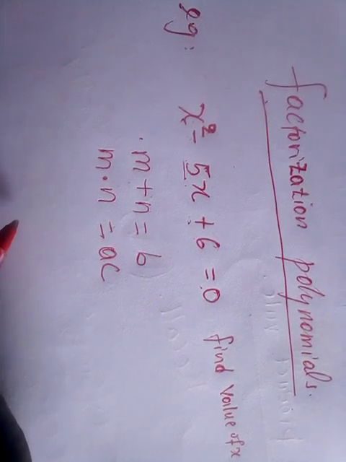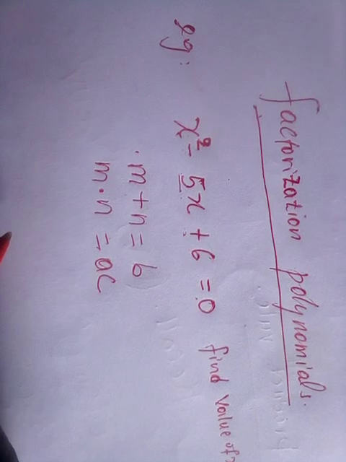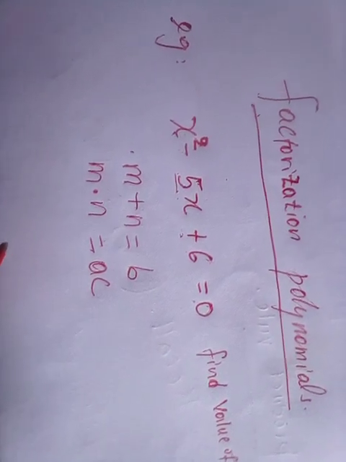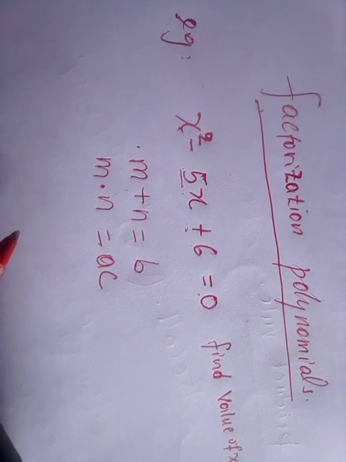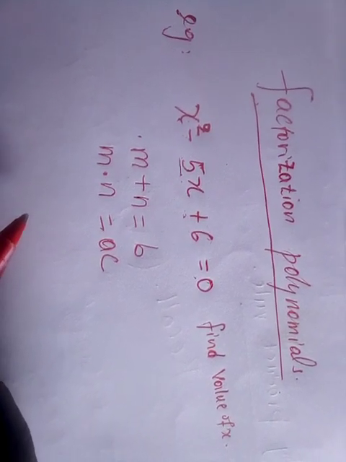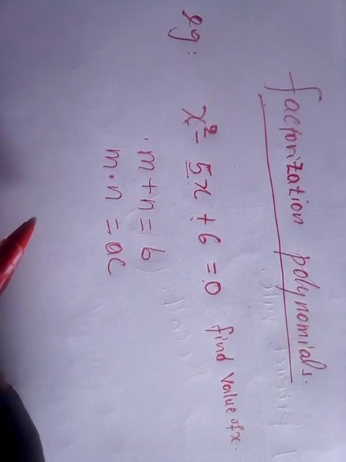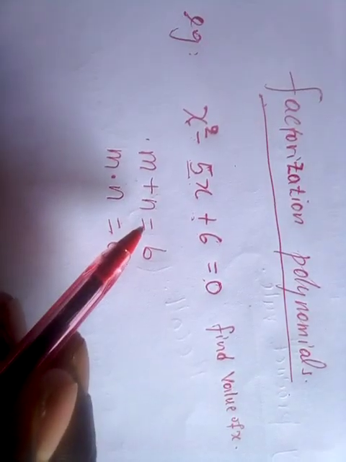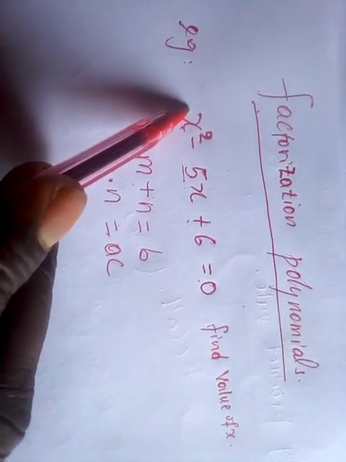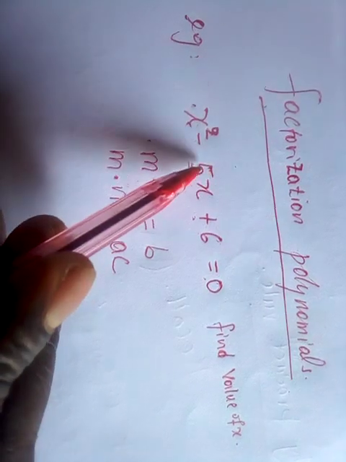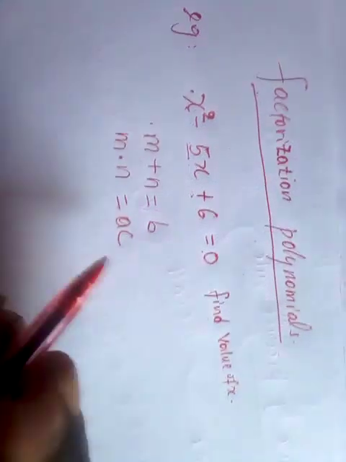Your challenge is to know what a is, what b is, what ac is, what m is, what n is. m and n are your numbers, you have to guess, you have to find. And this is a, this is b, the coefficient, and this is c.